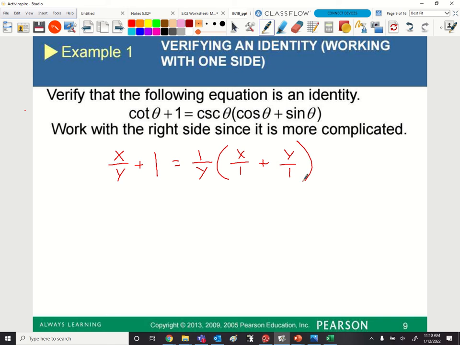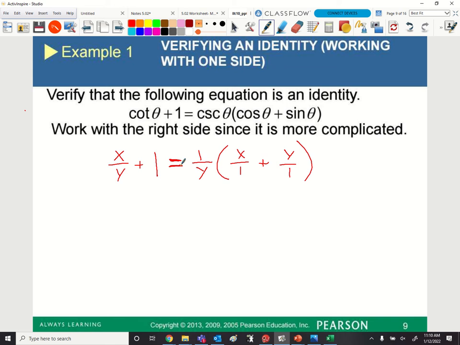Now, the thing that I underlined a couple slides back said you want to try to clean up the more complicated side. Which side of the equal sign here is the more complicated? The left side or the right side? The right side's more complicated. So there's something to do there, right?